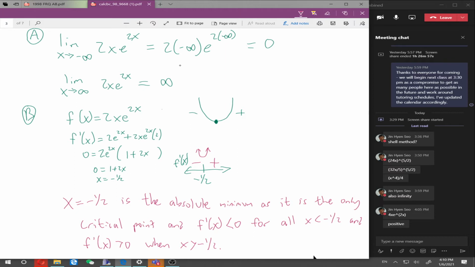Any questions on what we did? For proving the absolute minimum, can we use the limits that we got for part 8? I don't think it would help. Those limits tell us what's happening at the end of the function, so that proves we keep going up forever.